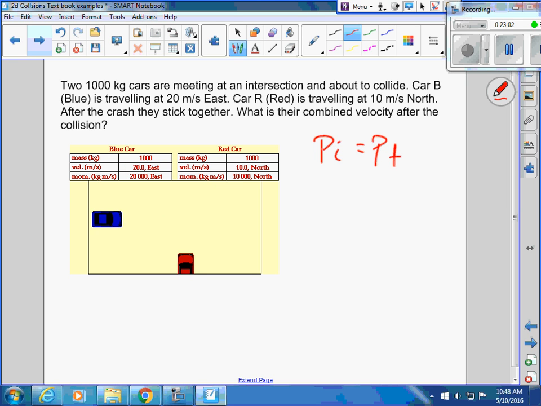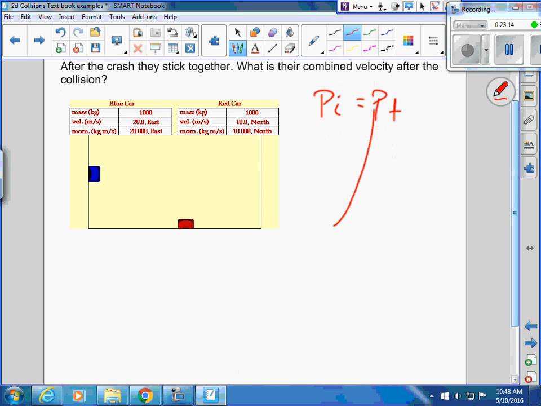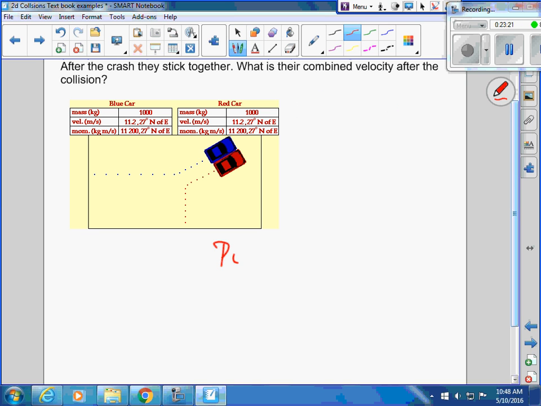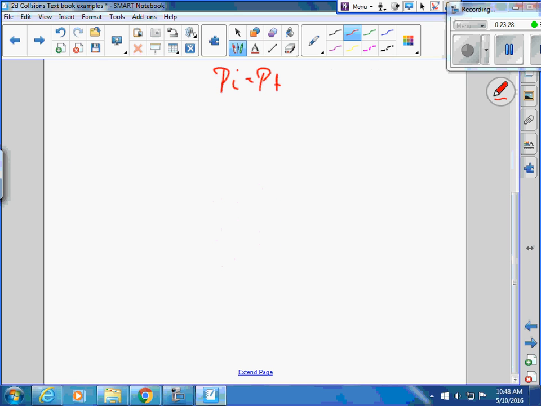True or false? Absolutely. It's always true. Okay, so initially, I'm probably going to need way more room here. Is that true?